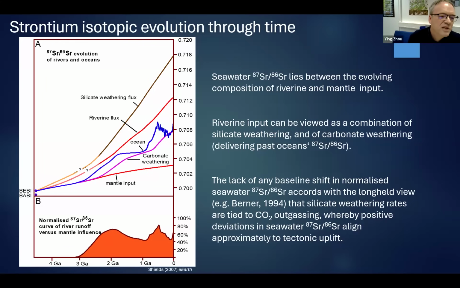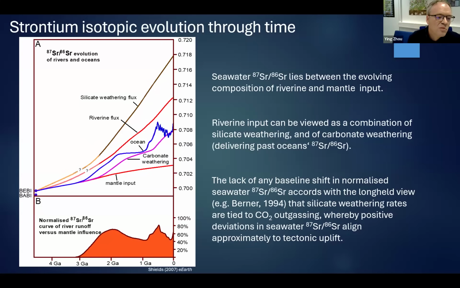Using that, we can then see at what time the strontium isotopic composition of seawater was much closer to the idealized riverine flux, and therefore much further away from the mantle input, and at other times it was much closer to the mantle input.